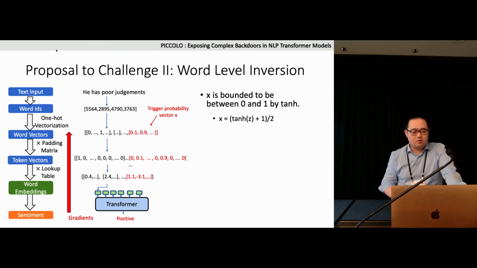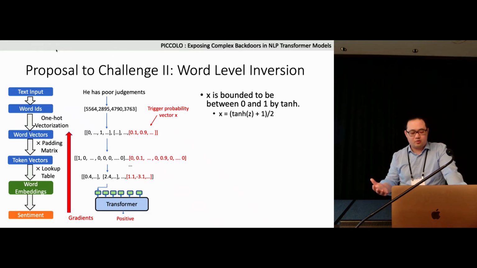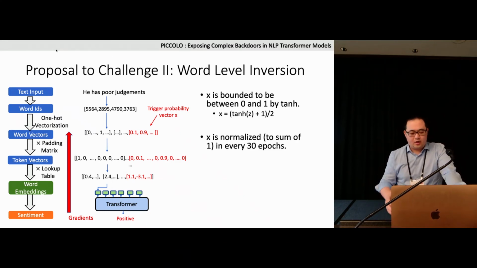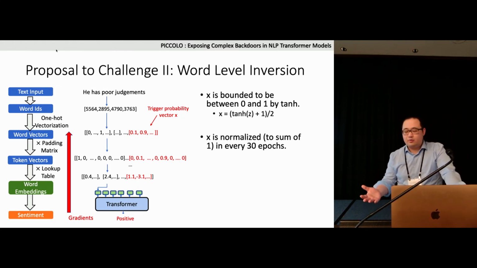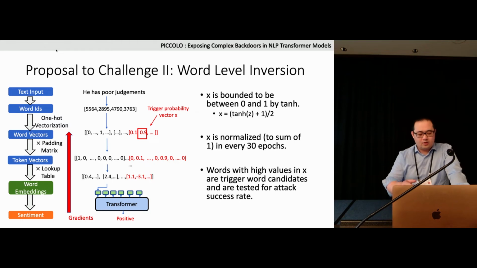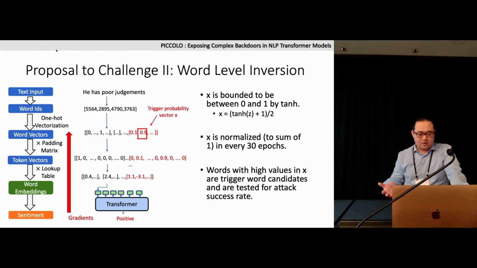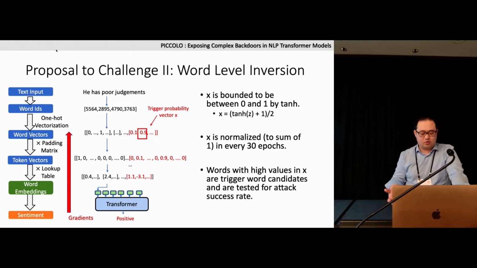We also bound this trigger probability vector to be between 0 and 1 by tanh. And we also normalize this trigger probability vector to the sum of 1 every 30 epochs. So after the optimization, words with high values in the trigger probability vector we call trigger word candidates, and we test them for the attack success rate.